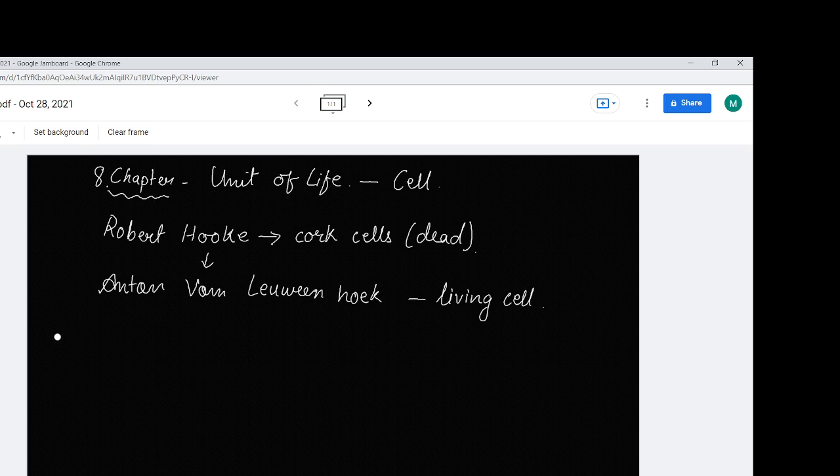The combined report was called as cell theory. And the scientists who work on that, this pair's name was Schleiden.